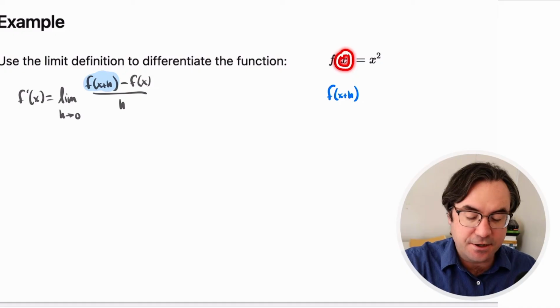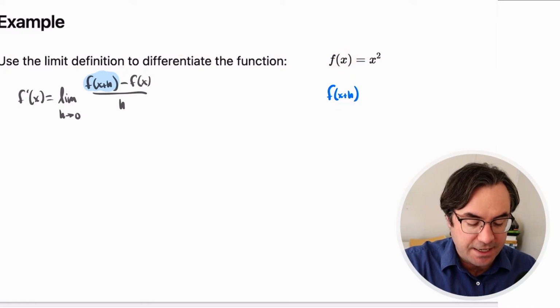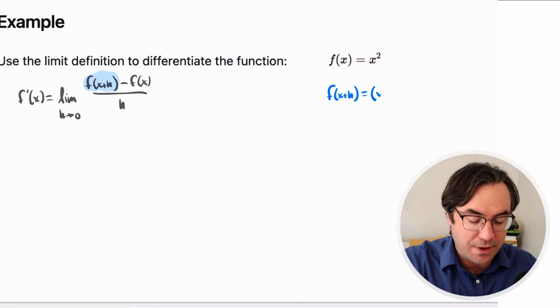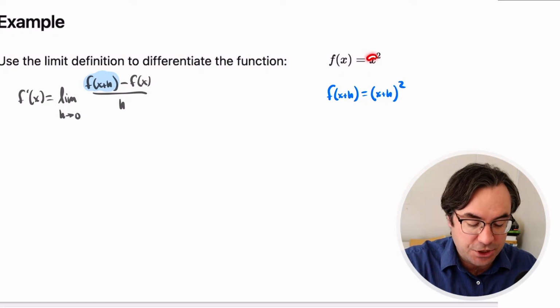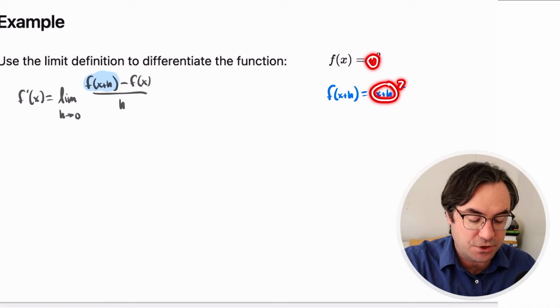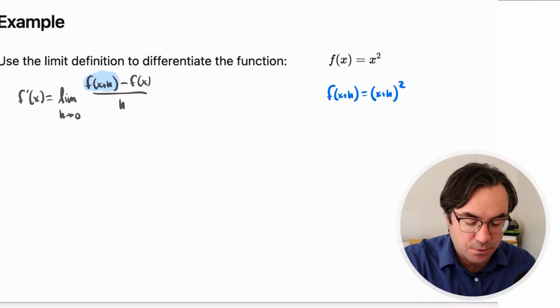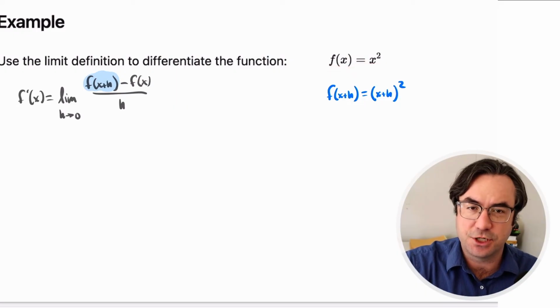So I see an x here, I'm going to change that to parentheses x plus h. I see an x here, I'm going to change that to parentheses x plus h. So I'm changing just that x. So the squared is still staying there. So essentially what we're doing here is we're just plugging in this fancy number into this function.